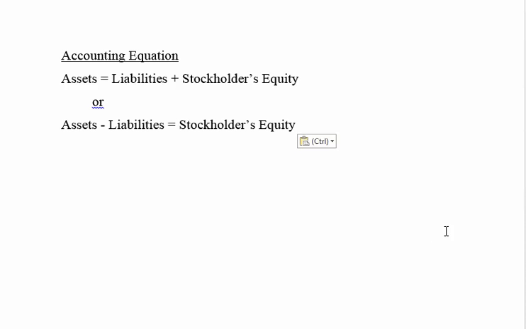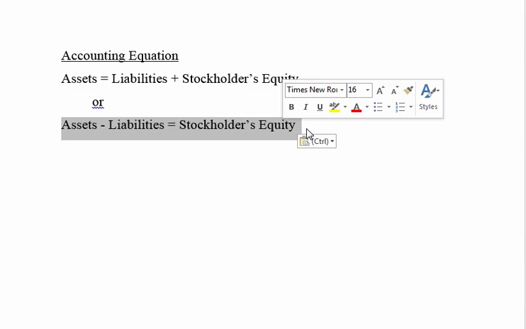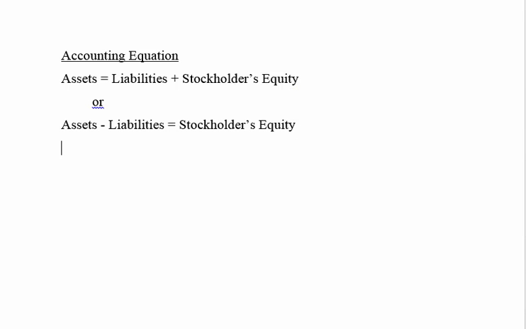Our accounting equation just states that assets are equal to liabilities plus stockholders' equity. Can also be written assets minus liabilities equals stockholders' equity. Let's talk about that a little bit. We said assets are property of the business, or really anything of future benefit to the business.